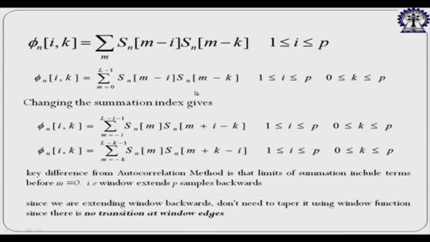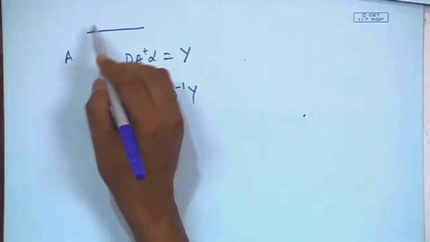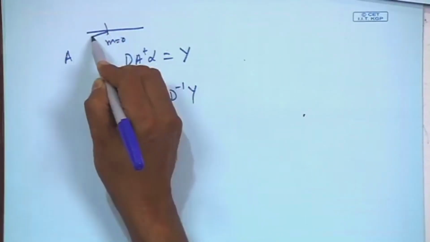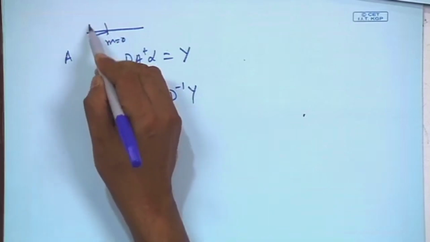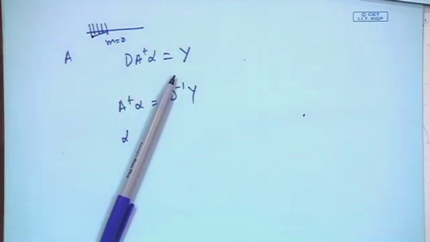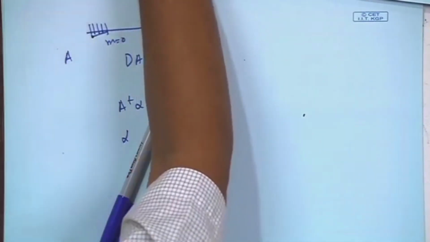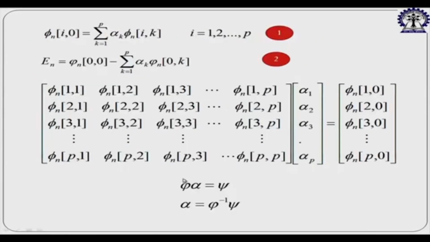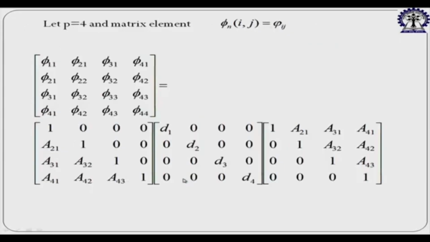The only difference is that in this covariance matrix, at m equal to 0, the signal is not 0; I require the p number of previous samples, because this restricts me. So, this is called the autocorrelation method. Then there are other techniques also, called lattice methods, that we will discuss in the next class.